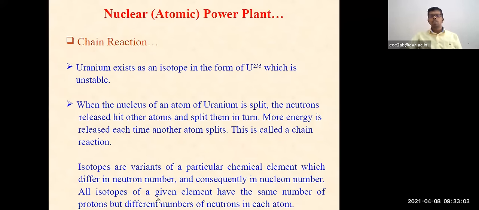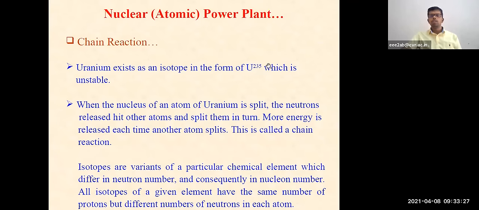All isotopes of a given element have the same number of protons but different numbers of neutrons in each atom. So that is called isotopes.